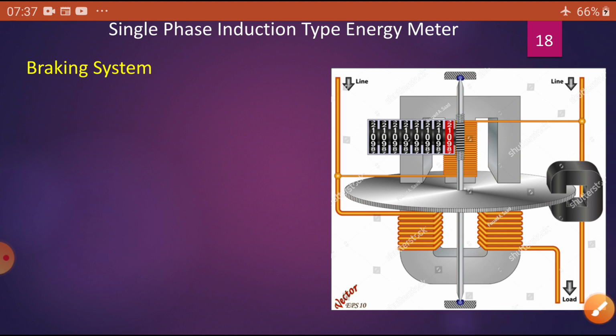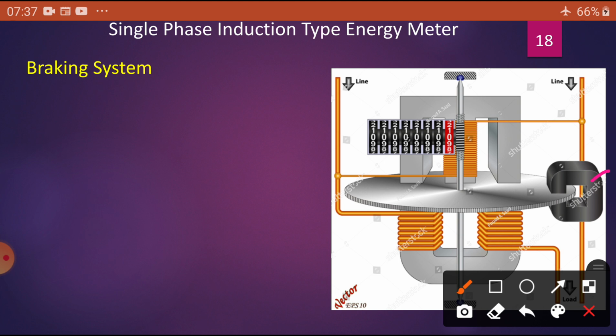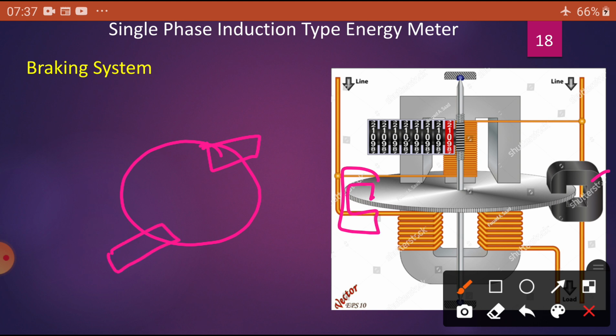Now, what is the braking system? It consists of two permanent magnets called braking magnets. Here is one magnet. Sometimes we provide another magnet also. They are placed diametrically opposite at the edges of the aluminum disc. That means if you place one magnet here, another magnet is provided at the opposite side, not side by side.